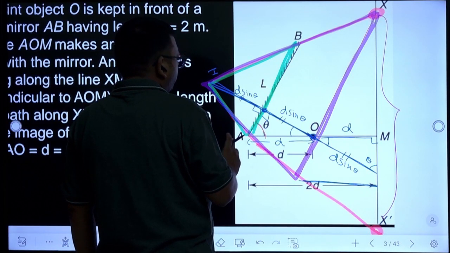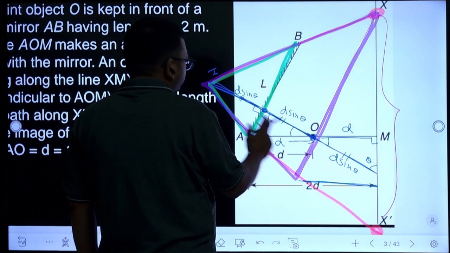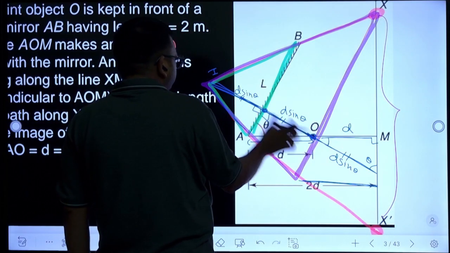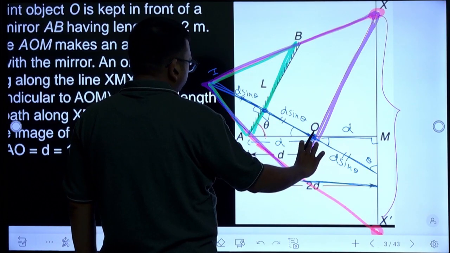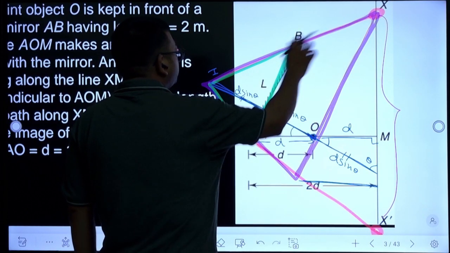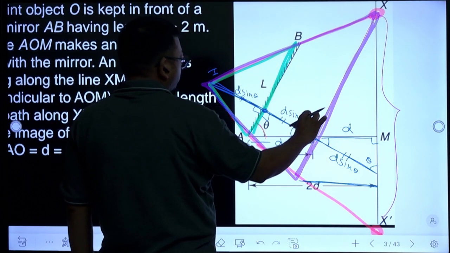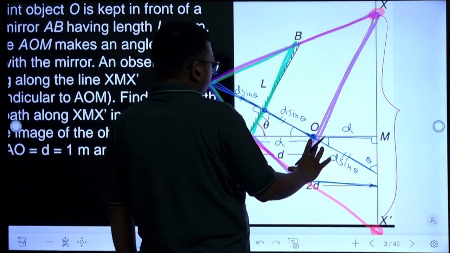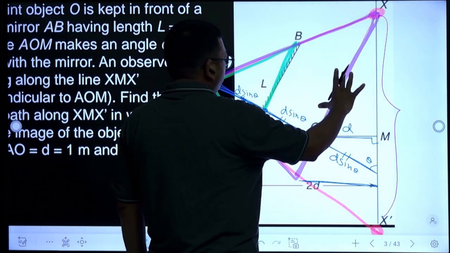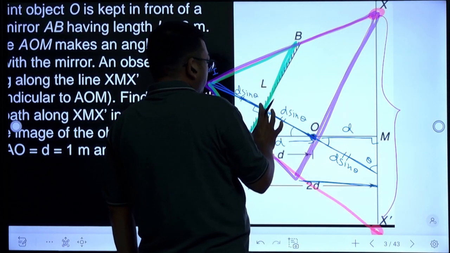So if I take this triangle and this triangle, then this is the midpoint, right? So this will be half of this. Similarly, if I take this triangle, this is also half of that, right? So if this is half of this and this is half of this, this line will be double of that, isn't it?